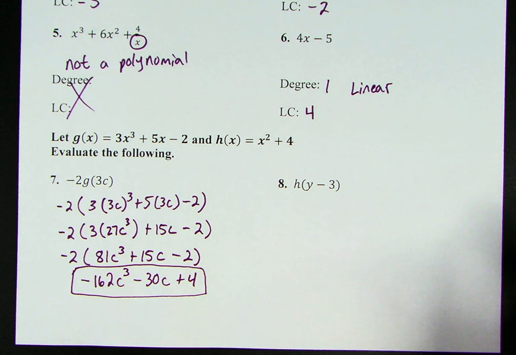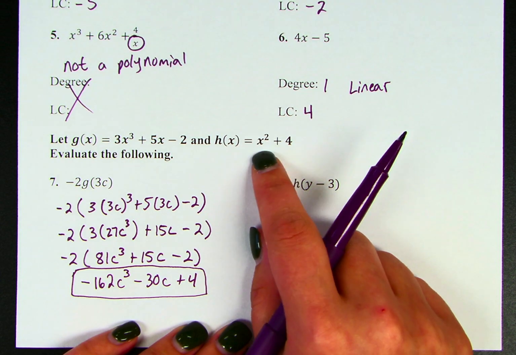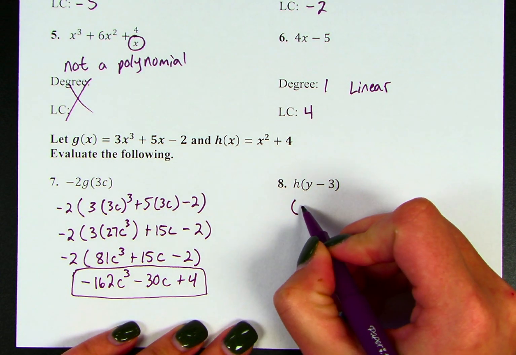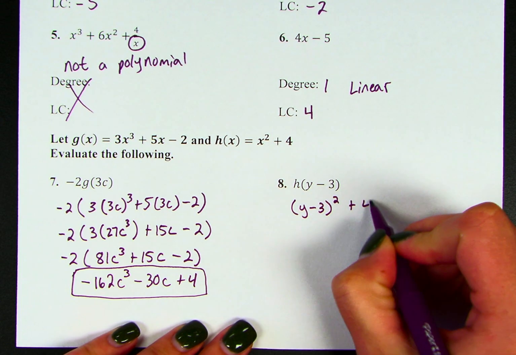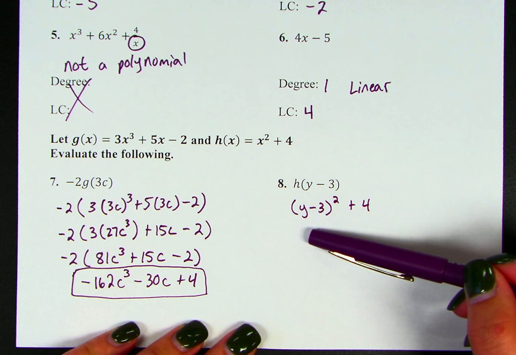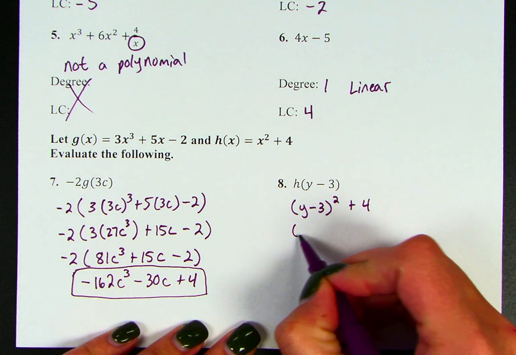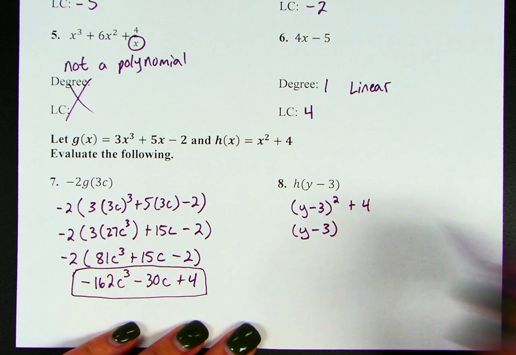So next one is similar. This time we are using the H equation, substituting this in to all the x's. So again, I'm going to use a parenthesis as I'm replacing the x. Now because of that subtraction in the middle, we're not allowed to use our shortcut rule where we just square everything inside. Instead, we have to write this out twice. And if this would be a 3, then I would write it out 3 times.